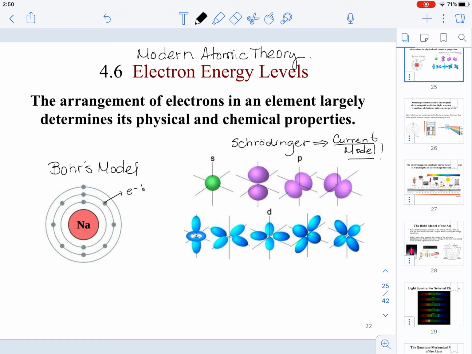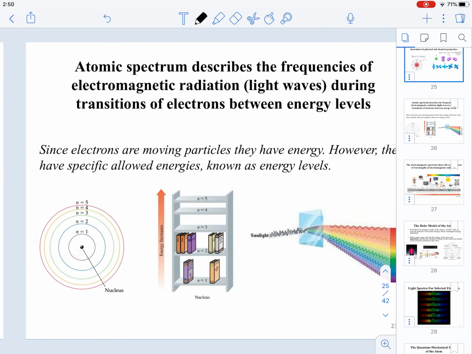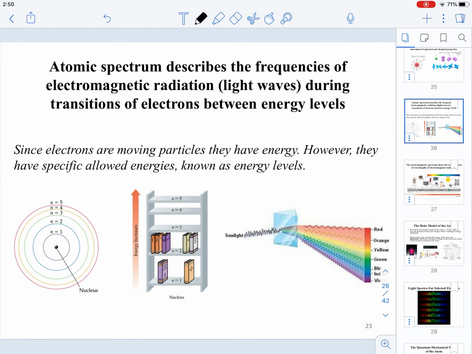In order for us to understand all these processes and discoveries, we need to understand what electrons are at their core, meaning what these particles are made out of. Understand that electrons have what are called atomic spectra.